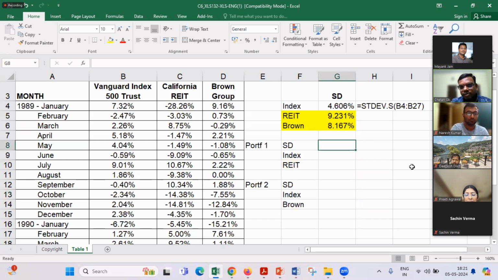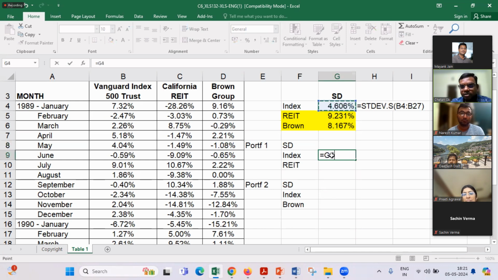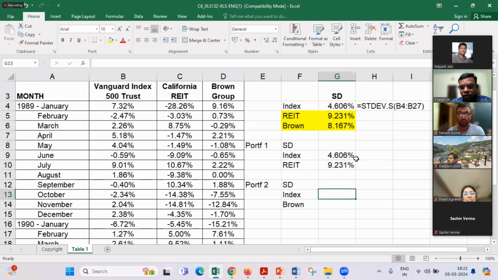So tell me, what I have to compute now is the portfolio standard deviation. So I'll take my individual standard deviations into consideration for my reference, which I already know, which I have computed.